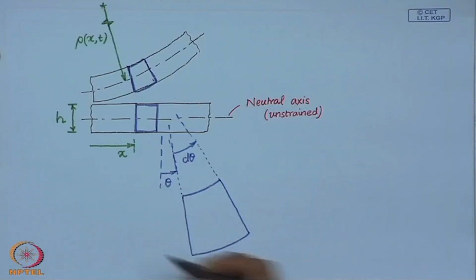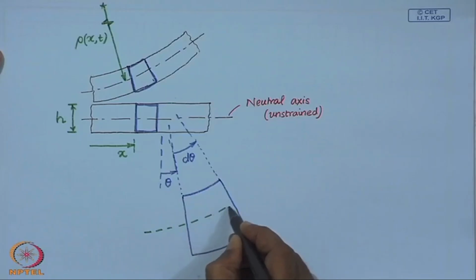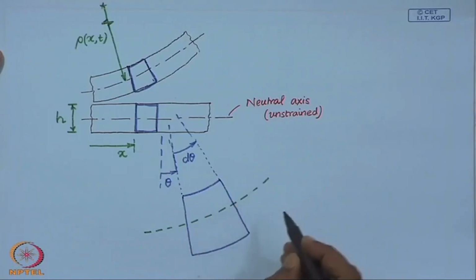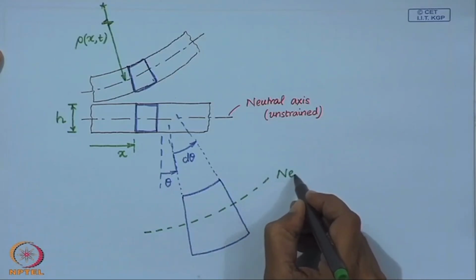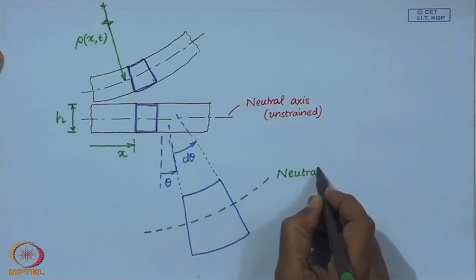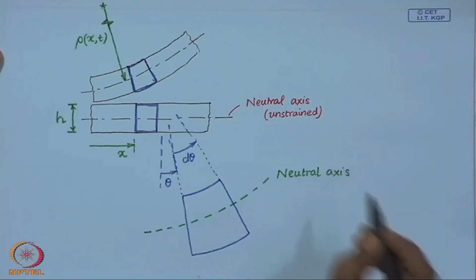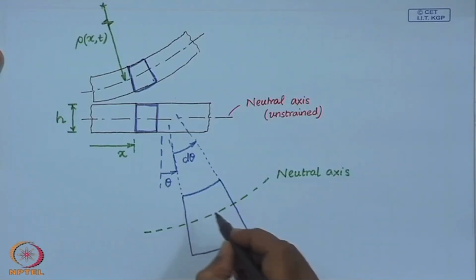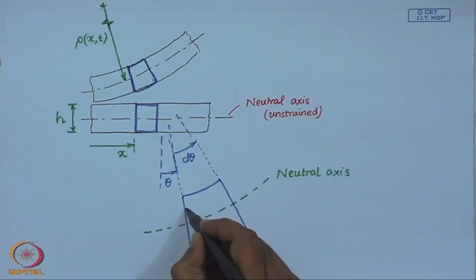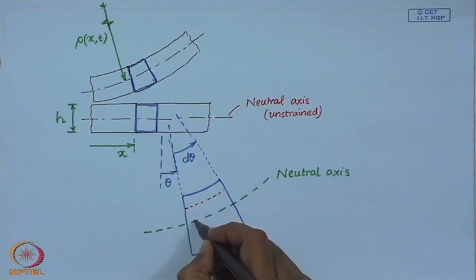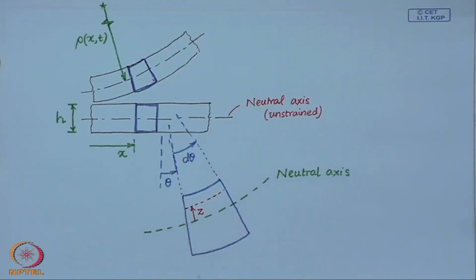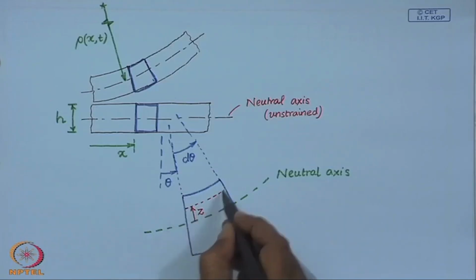Now, let this be the neutral axis, then at a distance z measured from the neutral axis or the neutral fiber, let us look at another fiber.